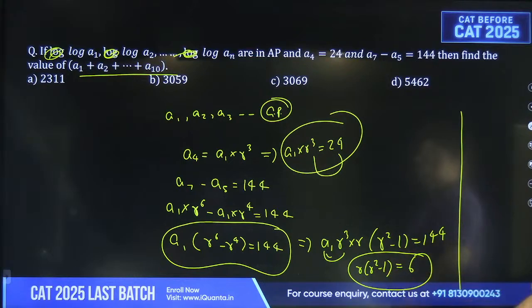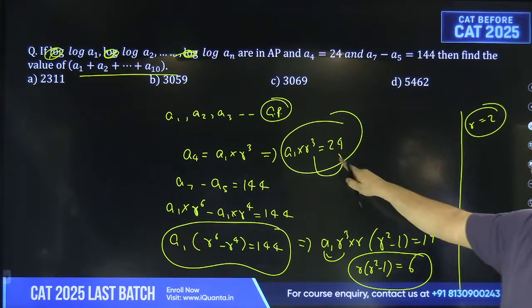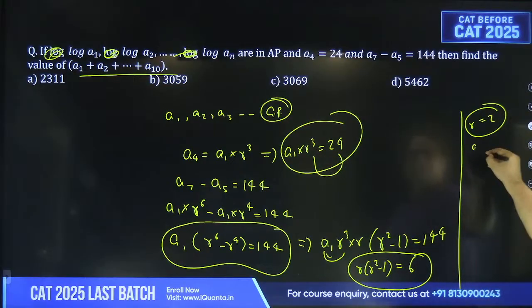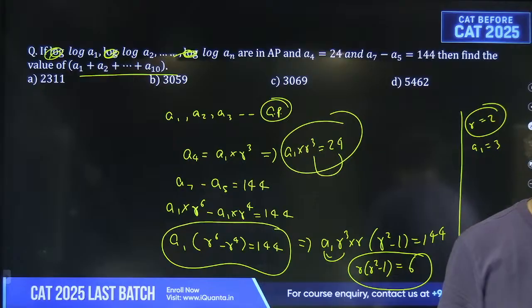Two into 3, so R will come out to be 2. So if R is 2, we put it here, 2 cube is 8, A1 will be 3, and that's all. So let's find the sum of A1 till A10.